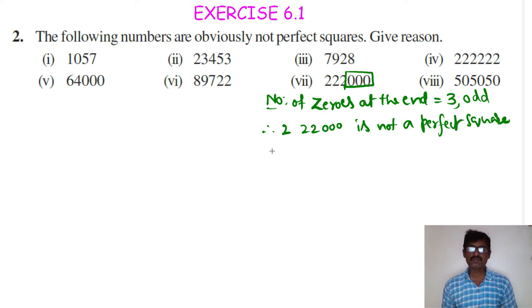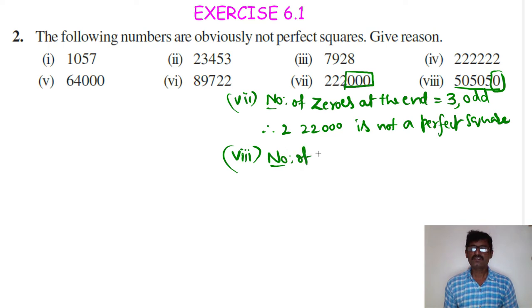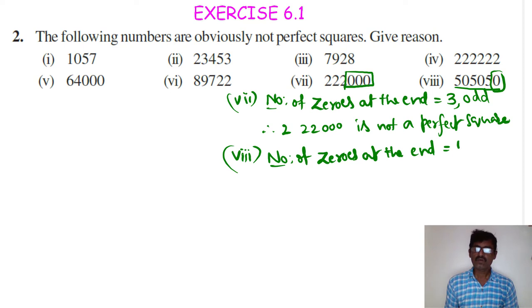Now if you go to the 8th problem, this was for the 7th problem. For the 8th problem, you see the number of zeros at the end equals 1, which is odd.